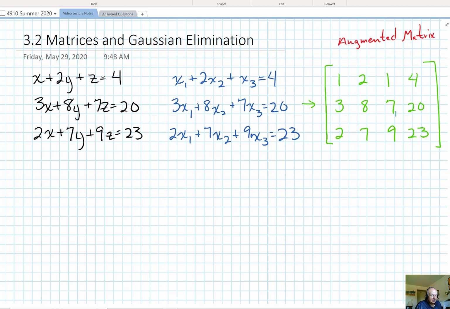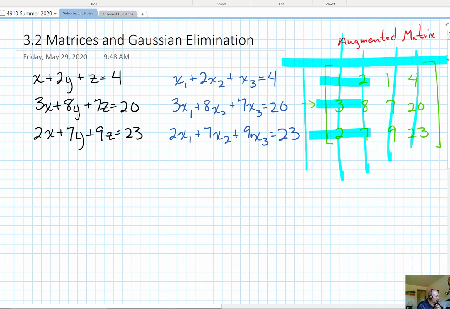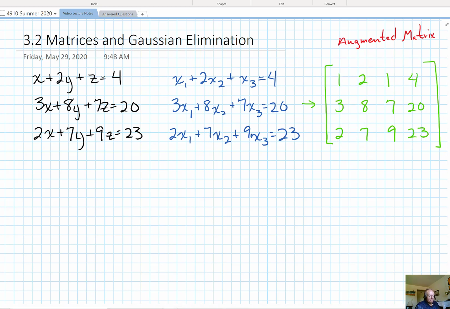For the size of it, we count the number of rows by the number of columns. So you go down first and then across. So this particular matrix has a size of 3 by 4. It's a 3 by 4 matrix. Okay, and therefore it's rectangular. A square matrix would be the same number of rows as columns.